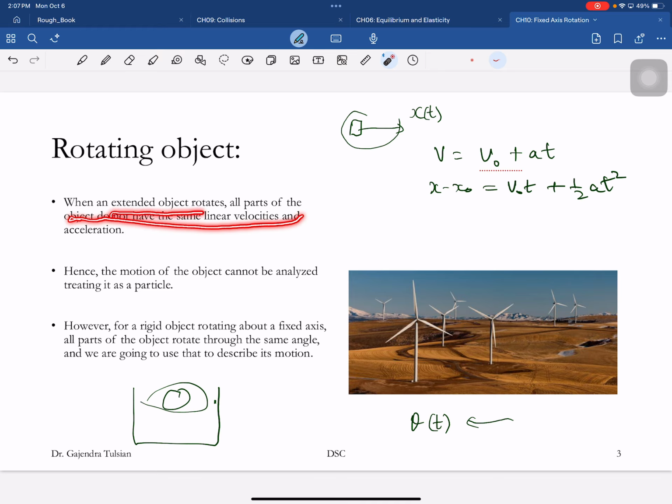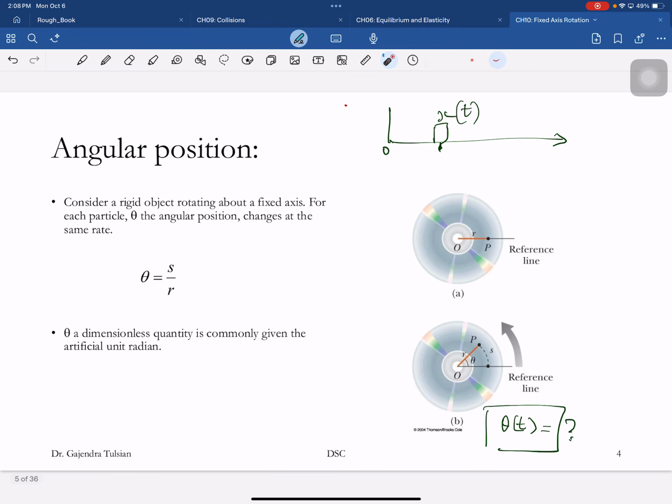When an extended object rotates, all parts of the object do not have the same linear velocity or acceleration. The motion of the object cannot be analyzed by treating it as a particle. For rigid objects rotating about a fixed axis, all parts of the object rotate through the same angle, and that's the coordinate we'll use to describe its configuration.